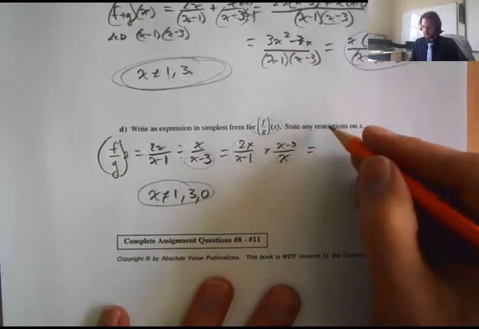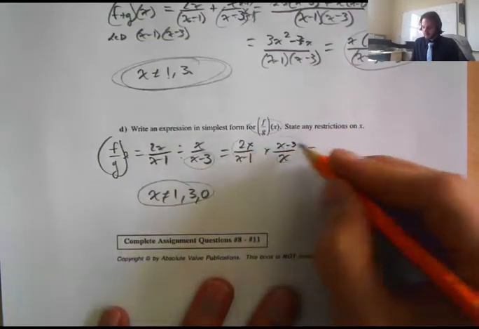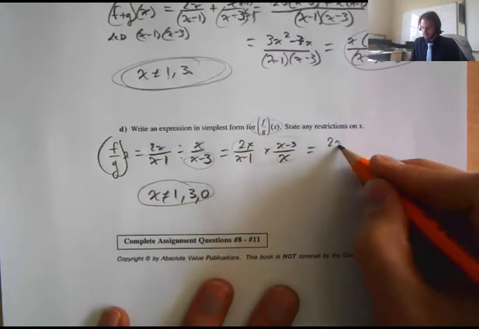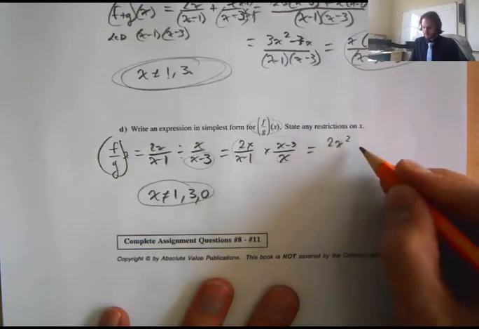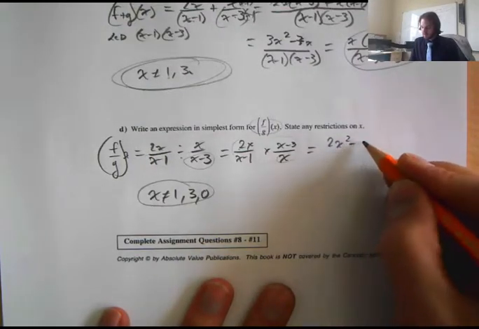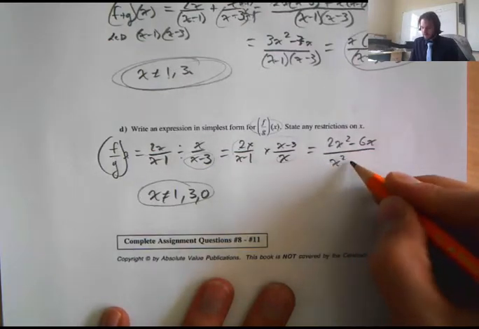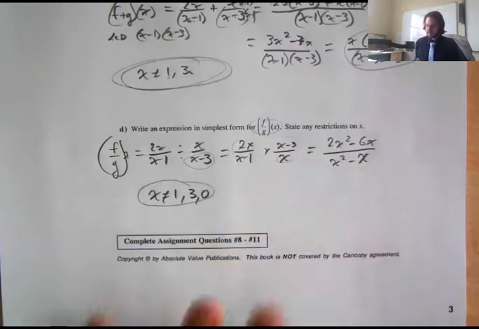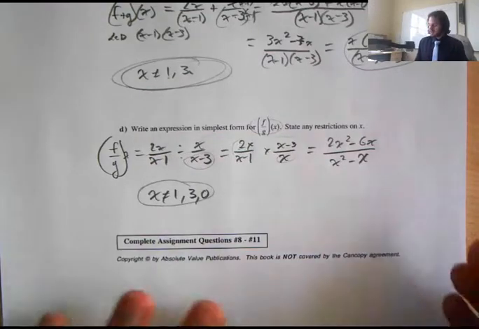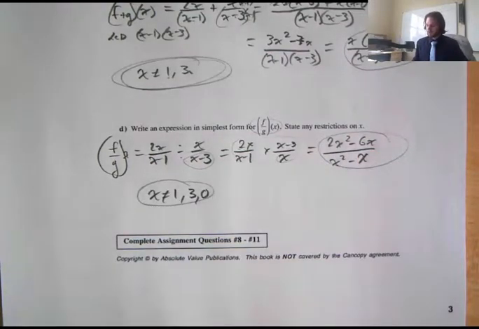So we multiply this together, and I'm going to get 2x squared minus 6x all over x squared minus x. That is simplified as possible, or we could factor and leave it like that.